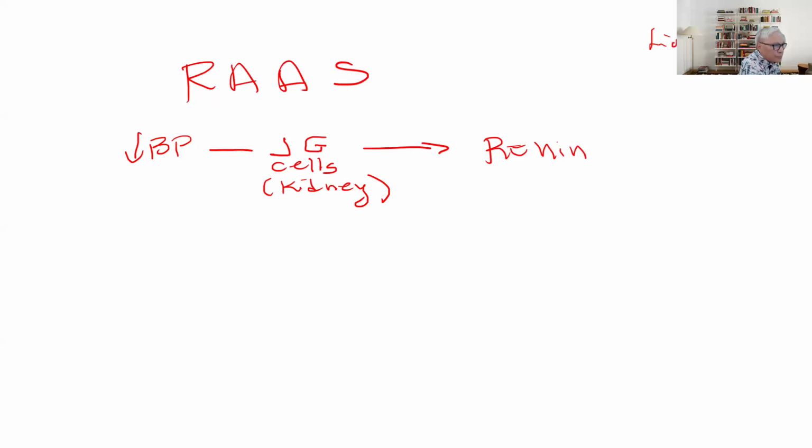Now, the liver, on the other hand, is going to release a substance called angiotensinogen, which is going to be converted into another substance called angiotensin II.